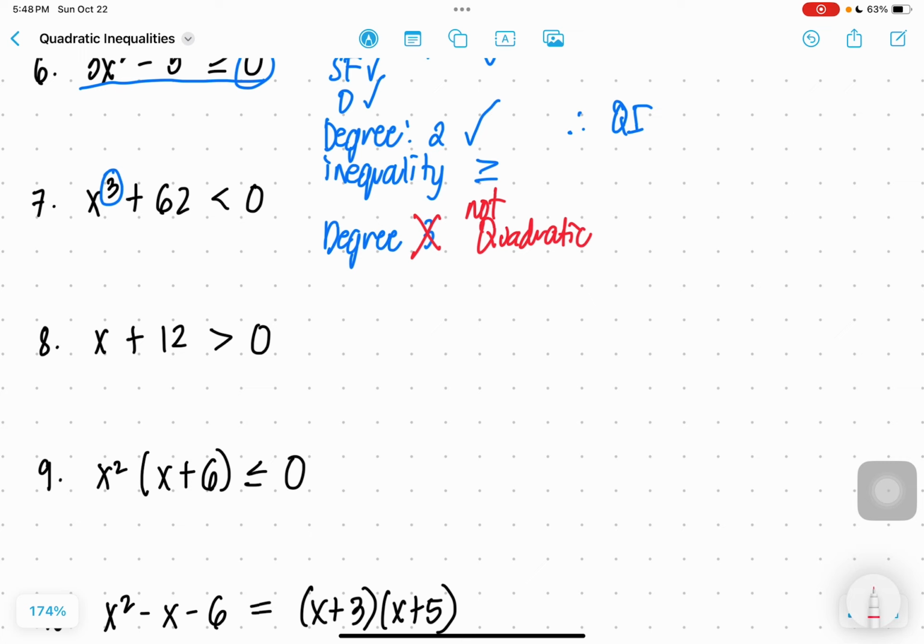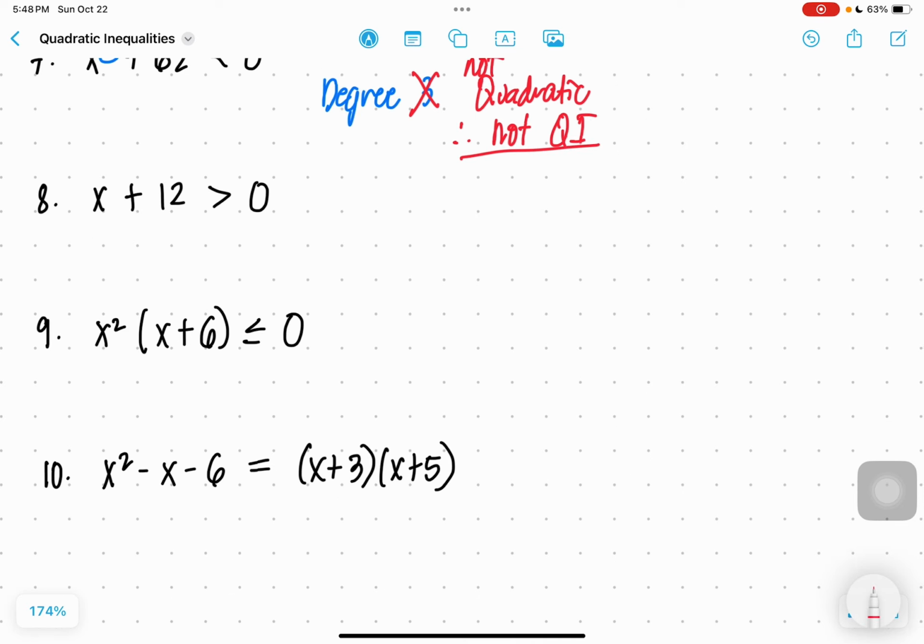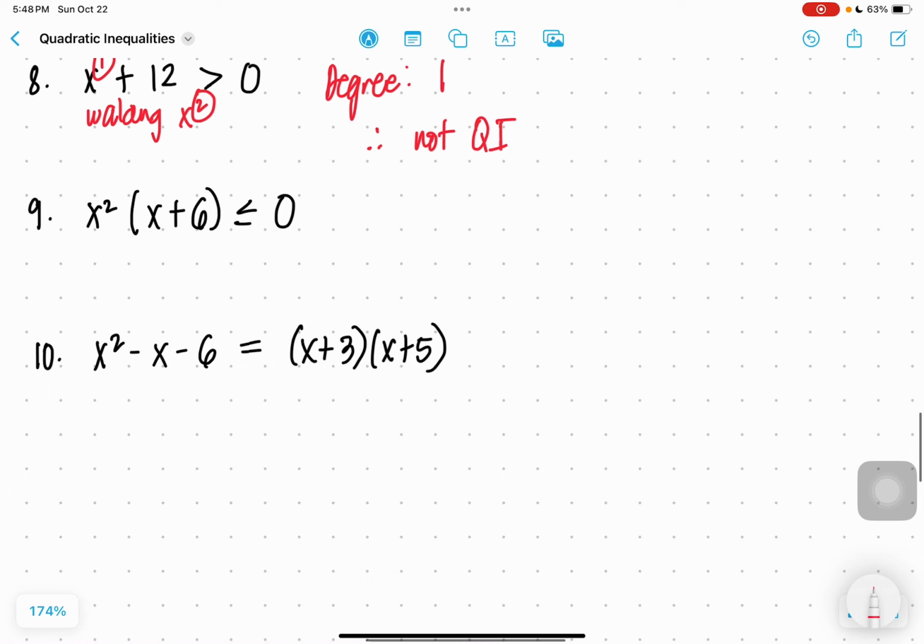Therefore, ang sagot natin, not a quadratic inequality. Okay? Ganun din sa number 8, kung mapapansin nyo, walang x squared. Diba? x raised to 1 lang yan. Ang degree niyan ay 1. Therefore, not a quadratic inequality.